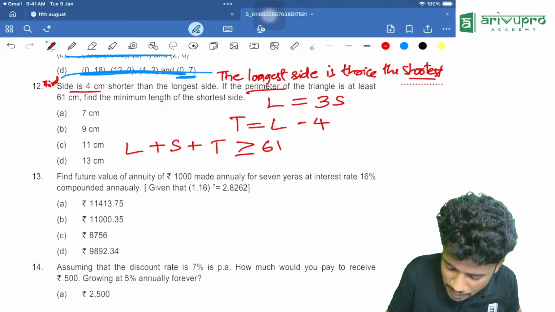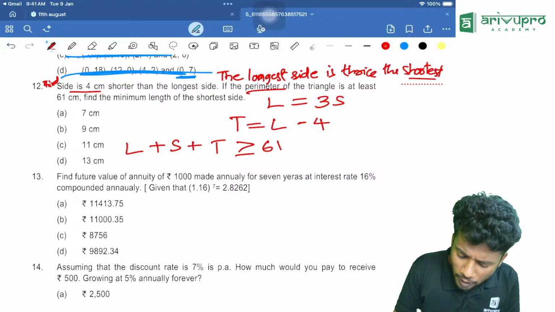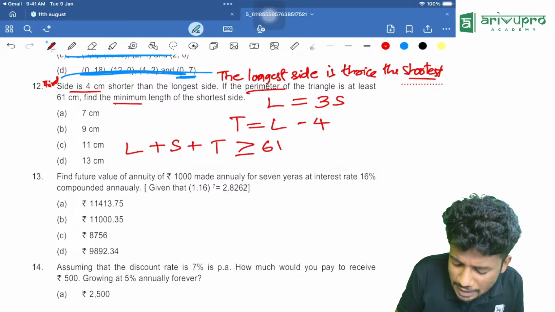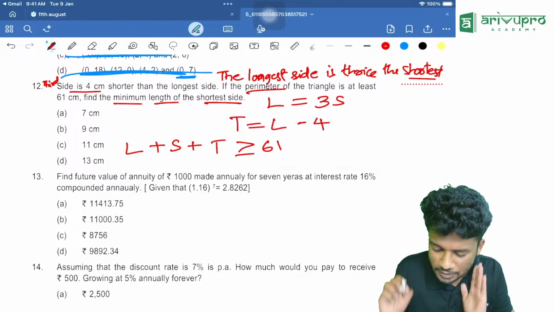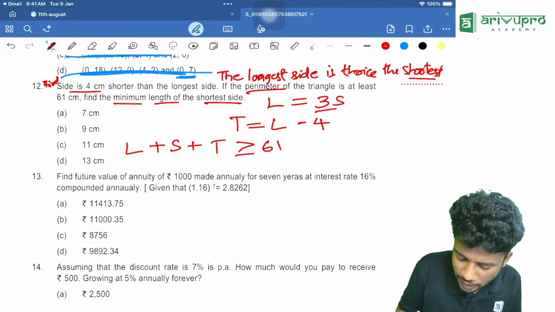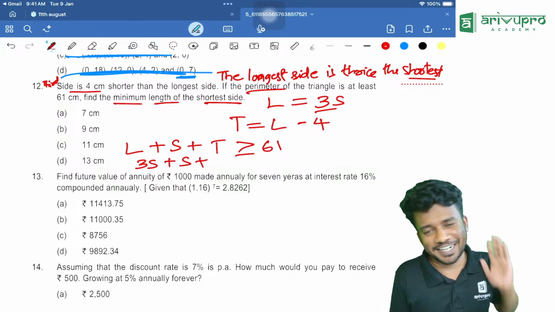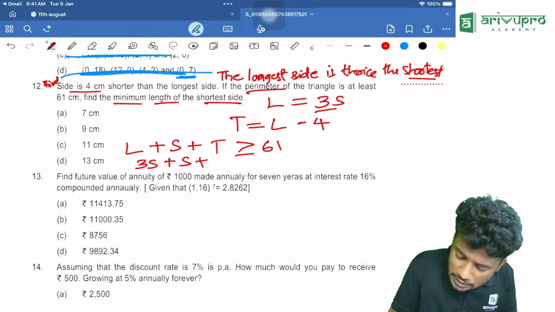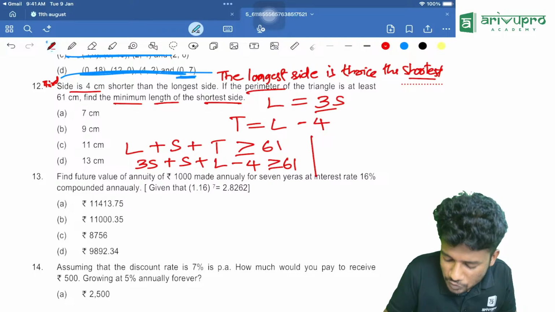At least means greater than or equal to, that is 61. Now what are they asking here? Minimum length of the shortest side. So we will convert everything in terms of the shortest side. So instead of L, how will you write? 3s plus the shortest side, which is S itself, plus the third side, which is L minus 4, greater than or equal to 61.